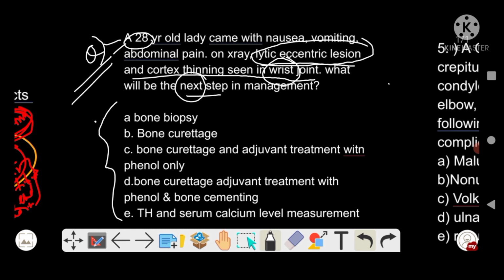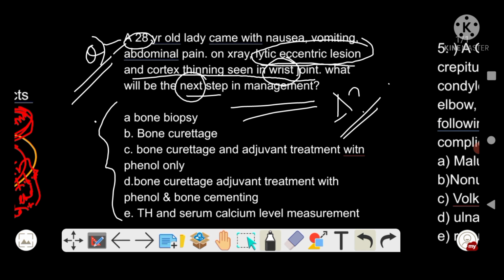They want to know about the next best step, but before this management we must identify the condition, which condition is this, what is the diagnosis. After diagnosis will come your management, right?